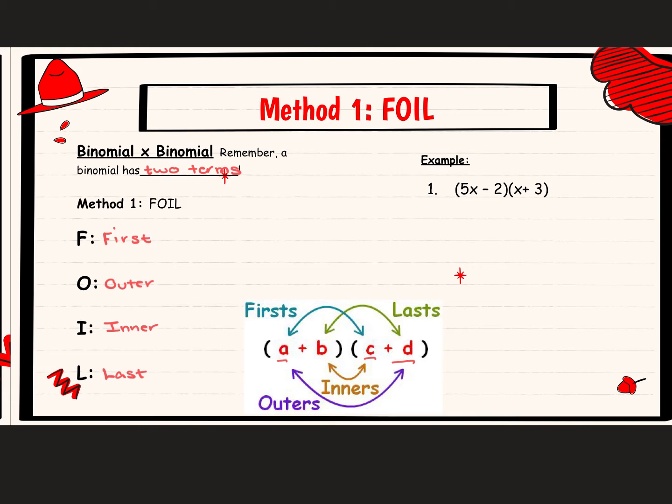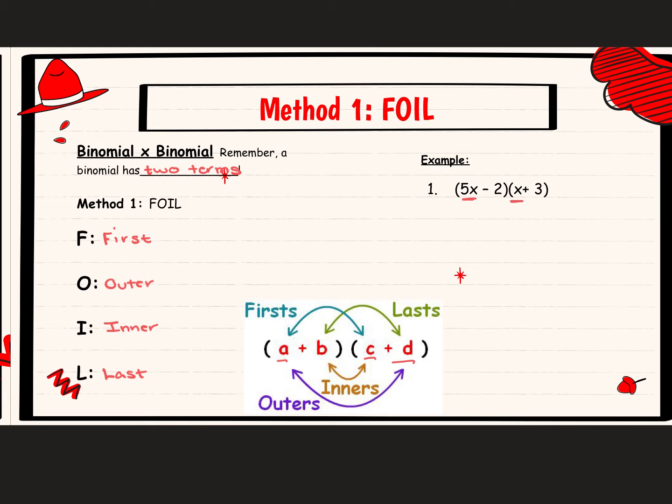So this FOIL method only works for binomials. So let's take a good look here, and I'm also going to change my colors to help us work through this. With FOIL, it says the first terms. My first terms, I have 5x and x.